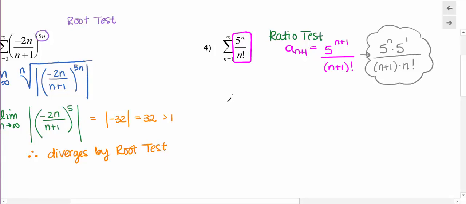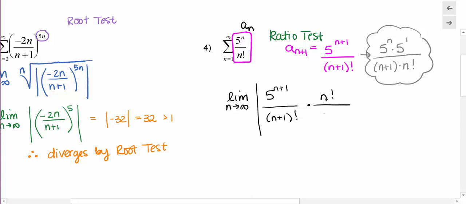So for the ratio test, I'm going to perform a limit as n approaches infinity of absolute value bars, and I'm going to do the ratio of this a sub n plus 1. For now, I'm just going to write it down organically as a sub n plus 1 looks, and then divided by a sub n. But really we know that when we divide by a fraction, we can multiply by that reciprocal.